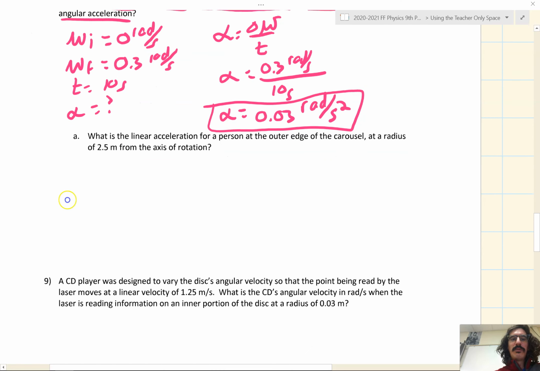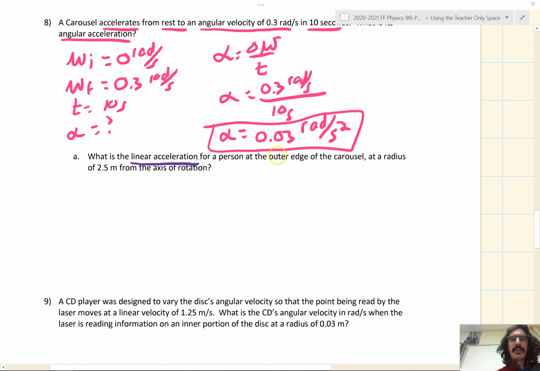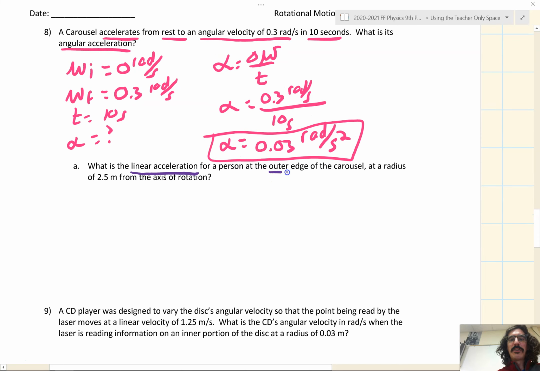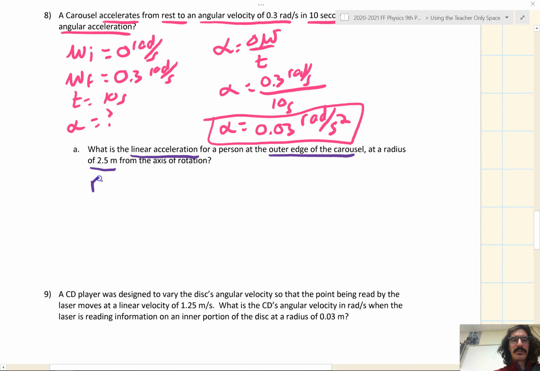Letter B, what is the linear acceleration for a person at the outer edge of the carousel having a radius of 2.5 meters from the axis of rotation? We want to find a, the linear acceleration, so another conversion factor. a is equal to r times alpha.